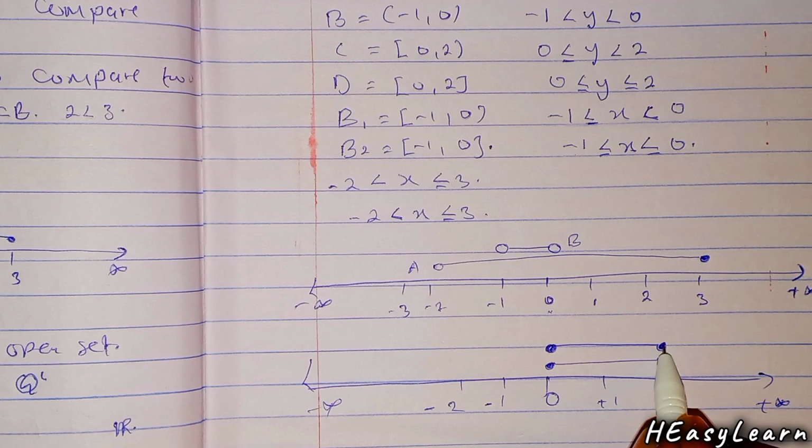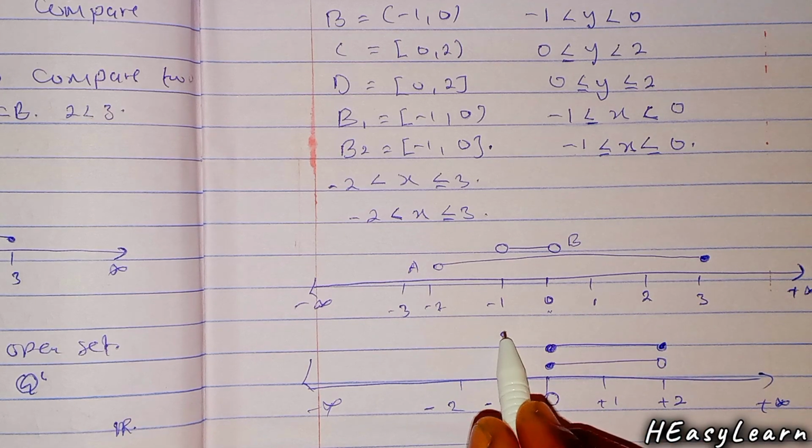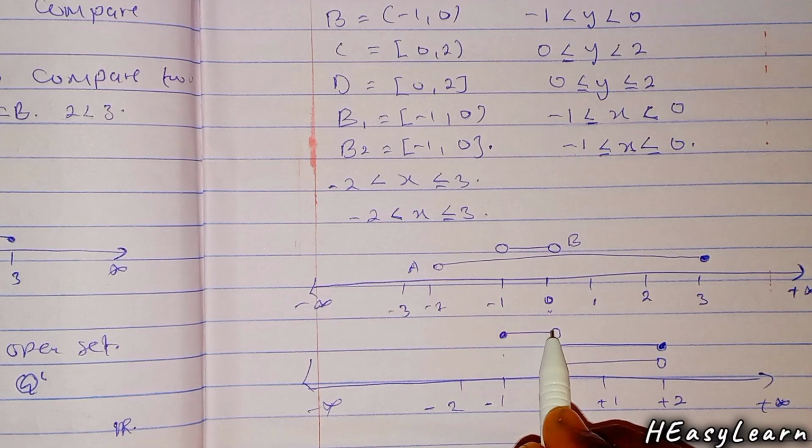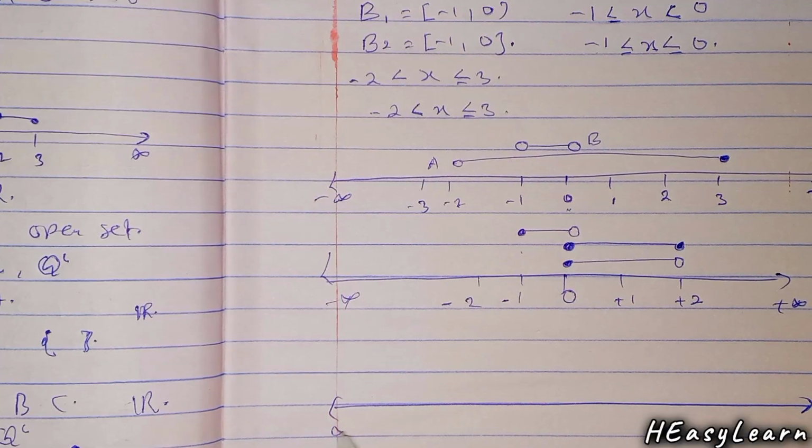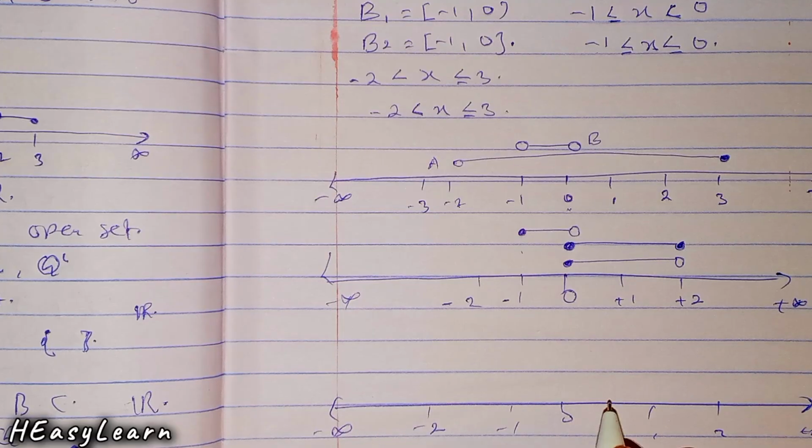What of B1? B1 starts from minus 1 and ends at 0 excluded. So B2 starts from minus 1 included and ends at 0 included.